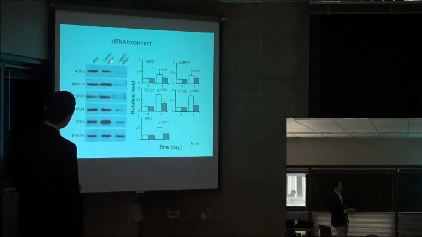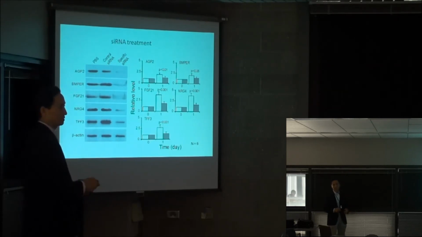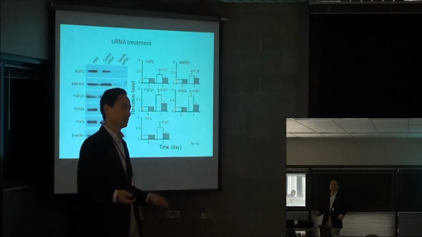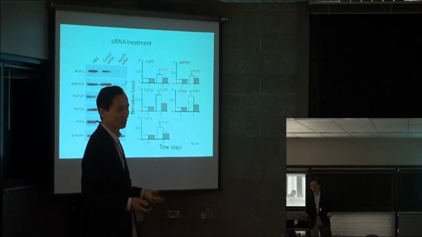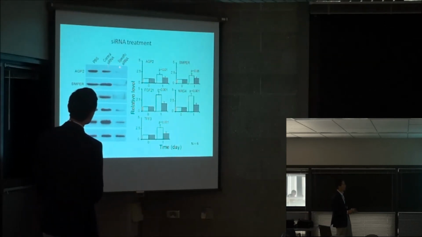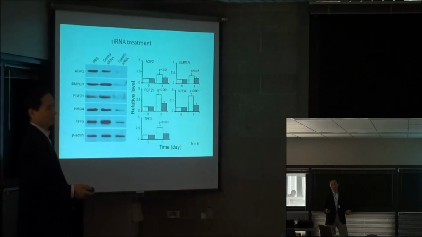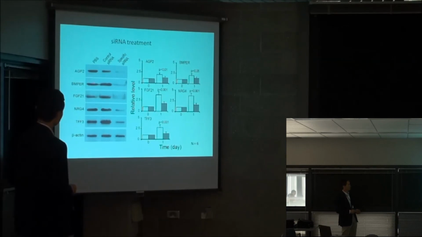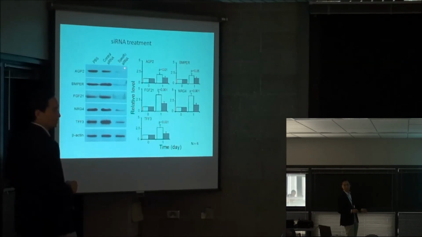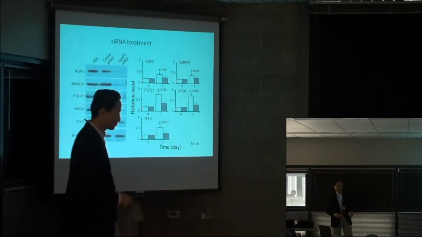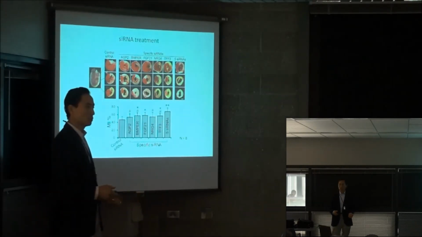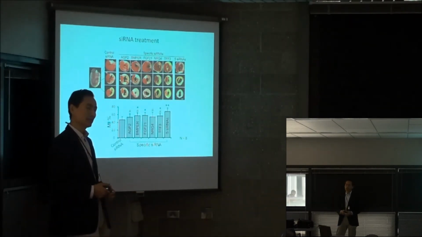We used a control siRNA, meaning an siRNA that does not reduce messenger RNA level for any known genes, and the specific siRNA is just AGP2 specific. siRNA is very specific. Each siRNA can only knock down its target messenger RNA. You can say siRNA treatment knocked down about 80% of the protein level. That really worked.